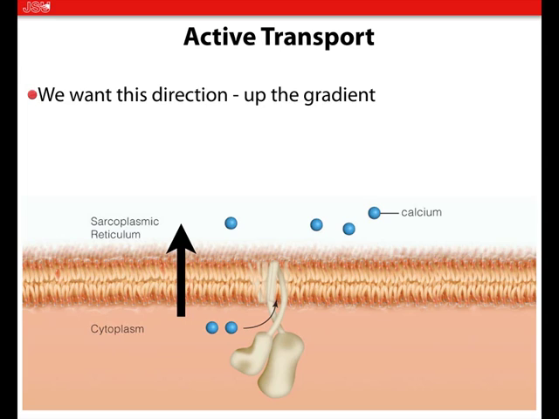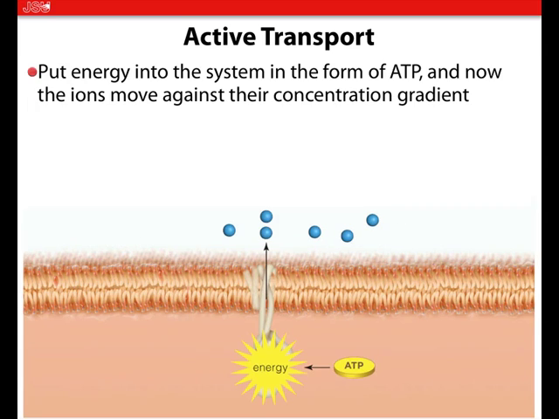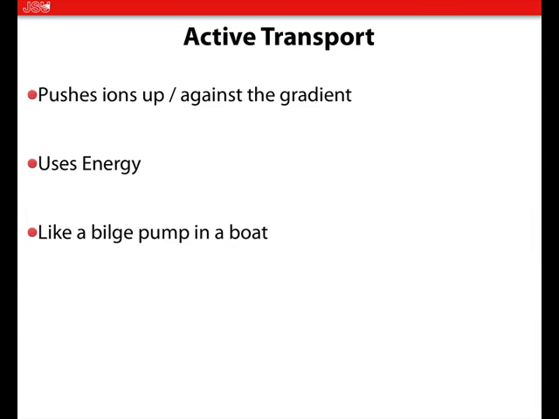Active transport moves molecules or ions up the concentration gradient from areas of low concentration, as shown in the cytoplasm, to areas of higher concentration, shown above in the sarcoplasmic reticulum. And that is active transport. It's like a bilge pump in a sense. It uses energy and it pushes ions or molecules up or against the concentration gradient.